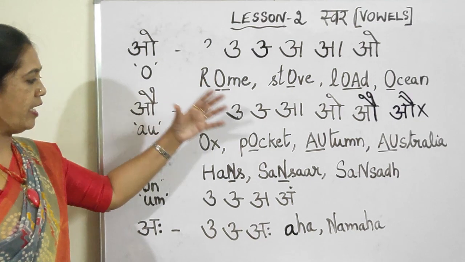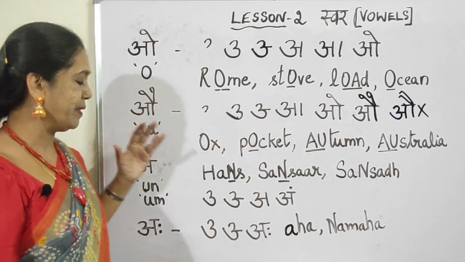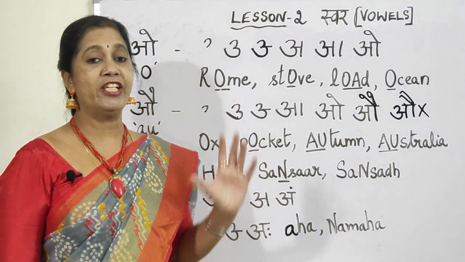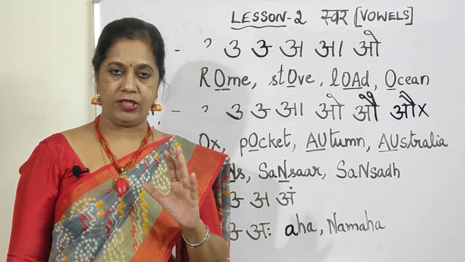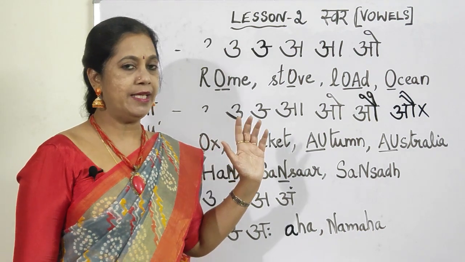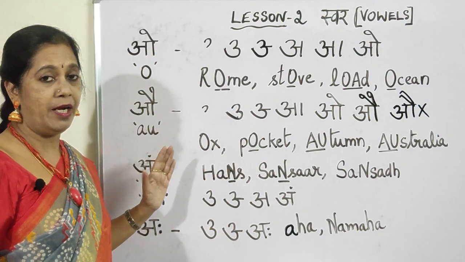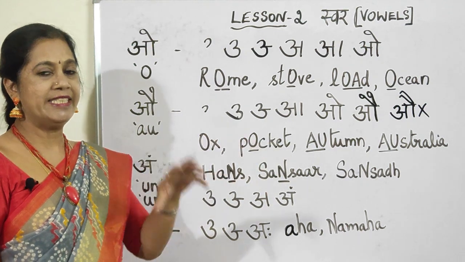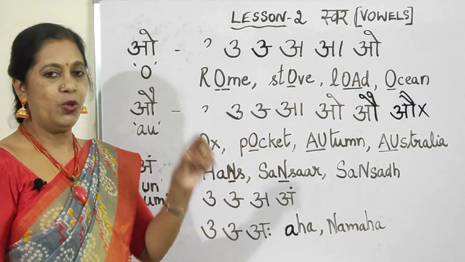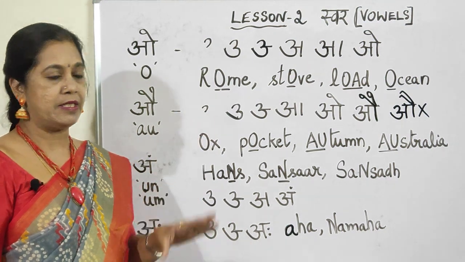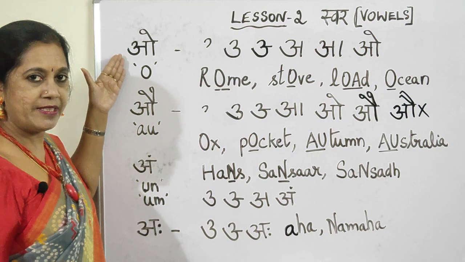Now I think you have understood all the pronunciations, the sounds and the identification of the vowel letters. Okay, vowels, you have got it. Next comes the quiz and you should be ready to identify those letters which are coming in those words, what vowel they represent. You have to know that. Now let me tell you one more time.